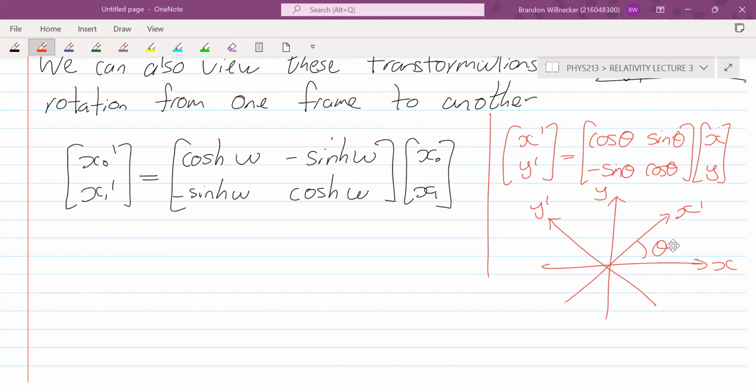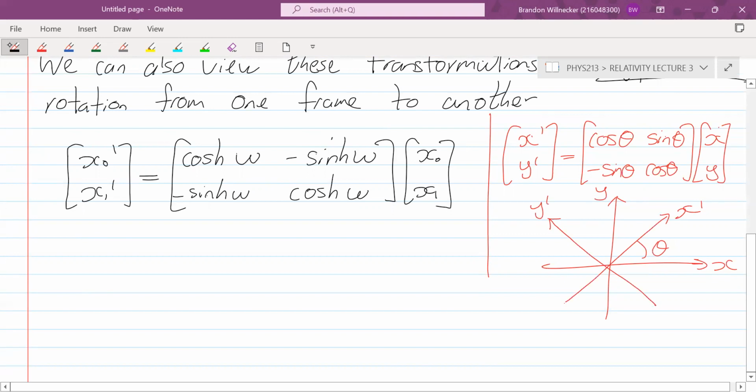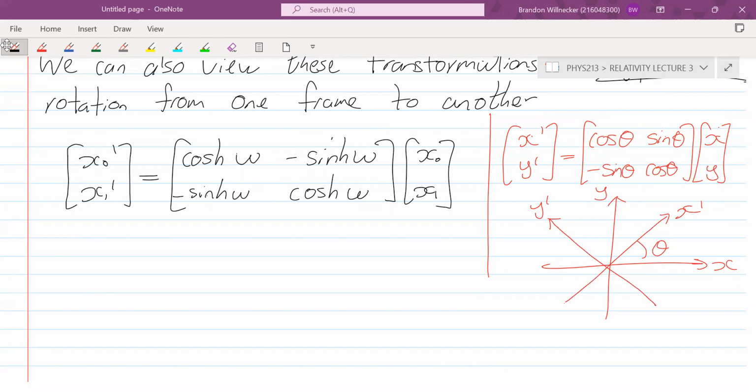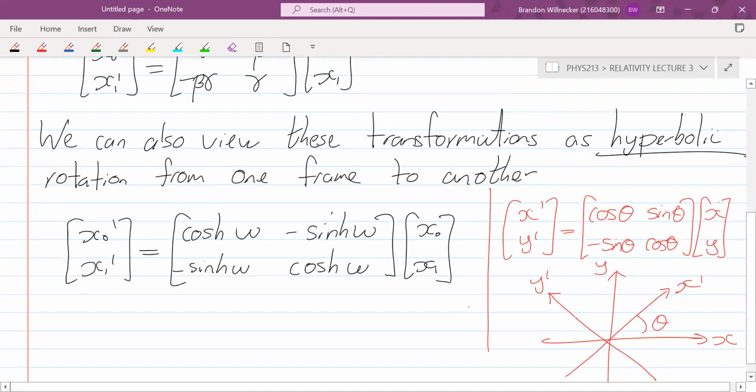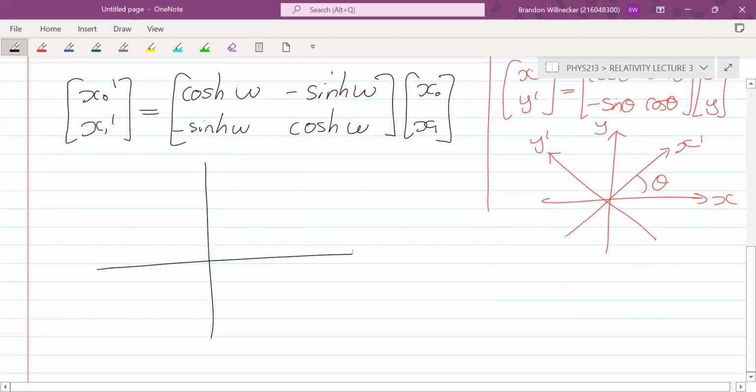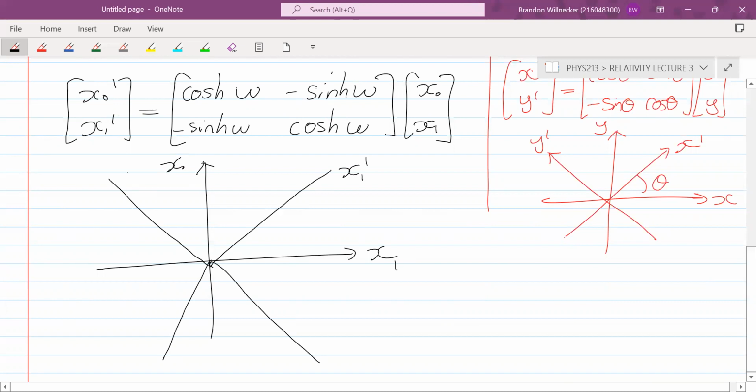Now, in special relativity, we're working in Minkowski space, not Euclidean space. So what this corresponds to is not a standard rotation, hence hyperbolic rotation, but it's more like this. So we have x and t, or should I say x1 and x0, and then we have something like this, x1 prime, x0 prime.